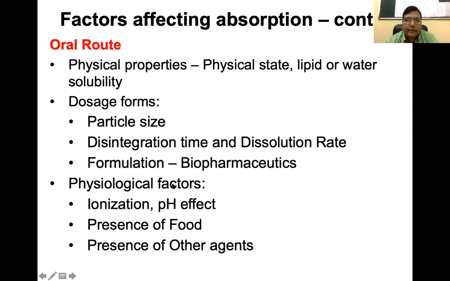Then the physiological factors such as ionization, I have already discussed, and pH effect, I have discussed. Presence of food: food can delay the GI motility, so the absorption will also decrease. And the presence of other substances: certain substances increase the absorption, certain substances decrease the absorption.